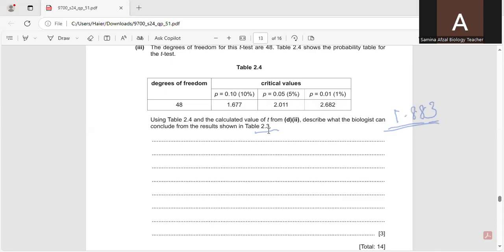So the calculated value of t is 1.883, which is less than 2.011. This is 2.011, and this is the critical value.